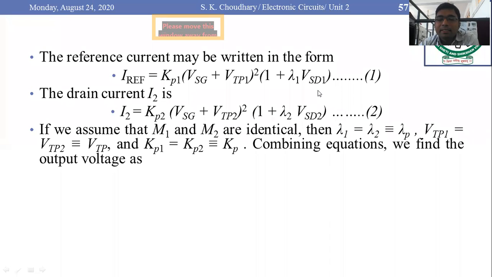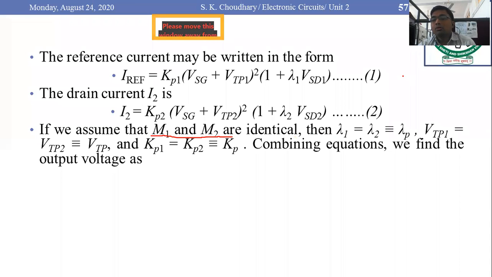For the sake of simplicity of these calculations, we assume that M1 and M2 are both identical. Generally, in a circuit based on the current mirror, we always assume that M1 and M2, or whatever transistors are involved in construction of the current mirror, are identical to each other.